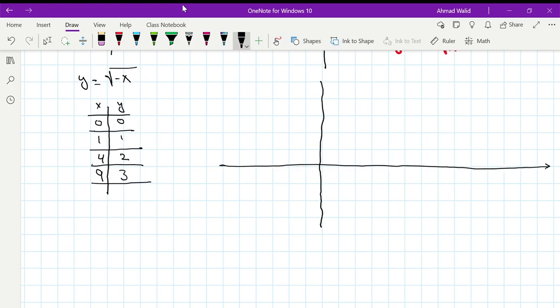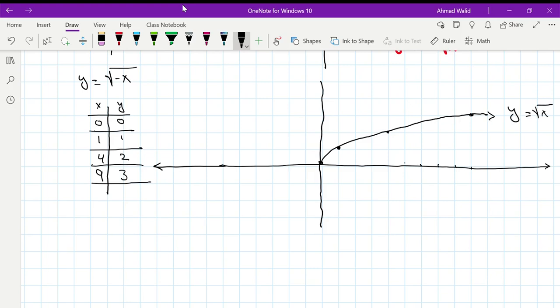I'll try to go up to 9. If not, I'll use up to 4, correct? 0, 0, 1, 1, 4, and 2, 5, 6, 7, 8, 9, 9, and 3. That was our parent graph, y equals the square root of x. Correct? This is y equals square root of x.